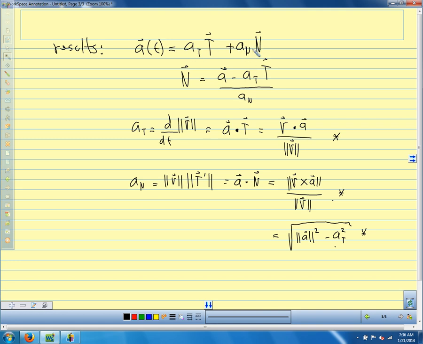We first did that by taking derivatives, forming the derivative and rearranging a little bit. That's where we got these expressions. So our tangential component of acceleration is the rate of change of the speed, which we call the scalar acceleration. The normal component of acceleration is this quantity, magnitude of v times the magnitude of T prime.